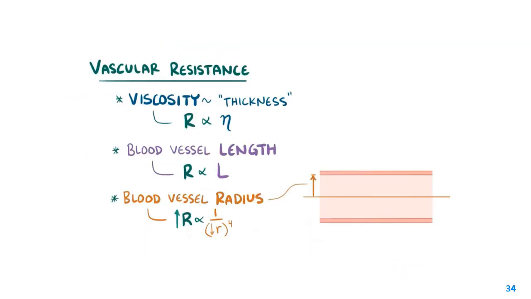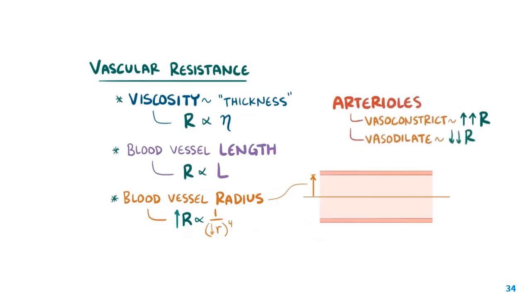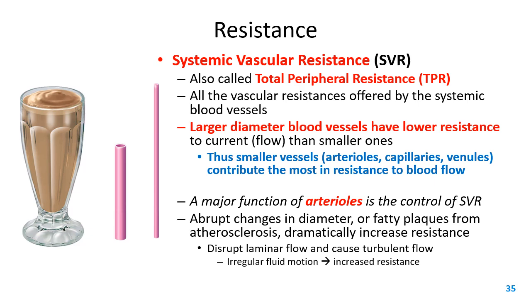Okay, so here, this is also from Osmosis. Look, resistance is inversely proportional to radius to the fourth power. All right. So here are just some visuals on examples of how the length and width of the blood vessel influence resistance, right?